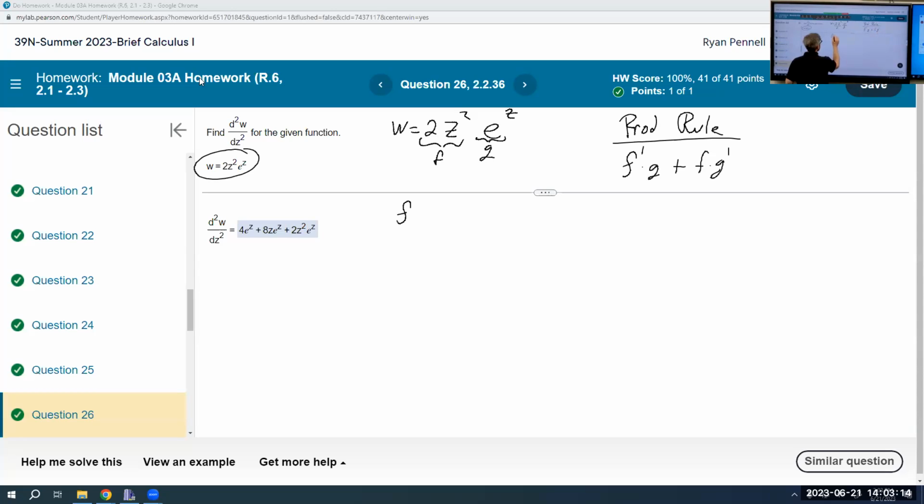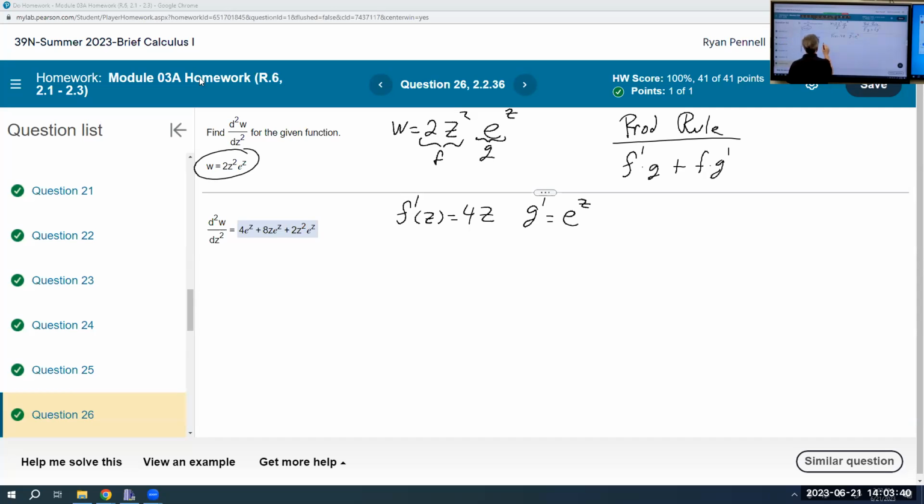My f prime, in this case, that's squared, so that would just be 4z. And my g prime is just e to the z, because it's its own derivative.